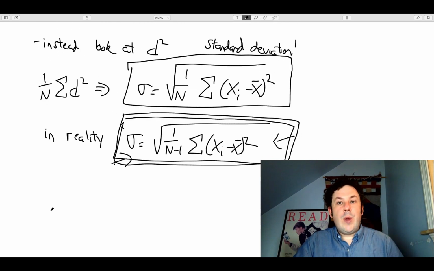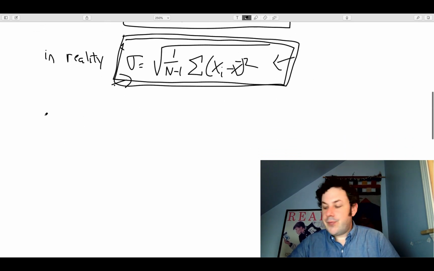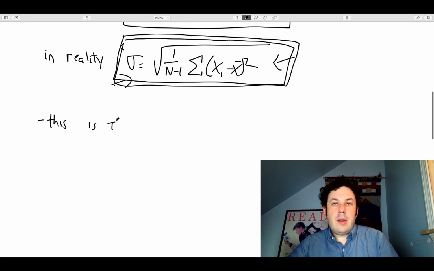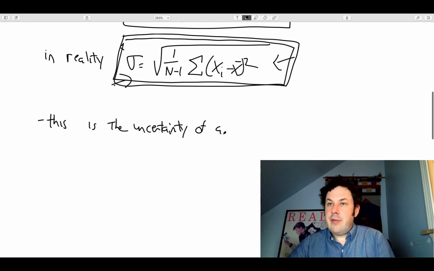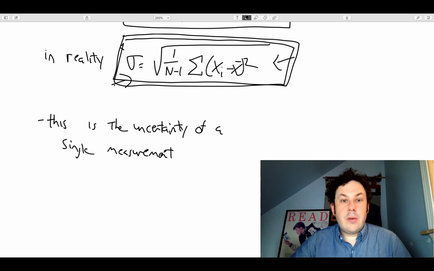So I'm going to restate what this is. If you think about the standard deviation in words, this is the uncertainty of a single measurement. So this is an uncertainty in a single measurement.